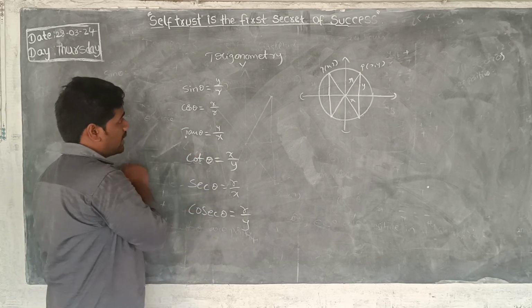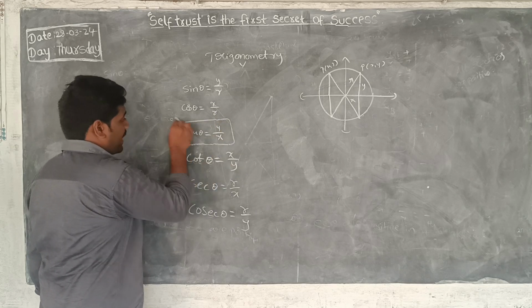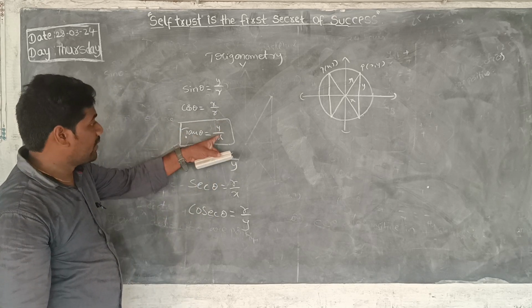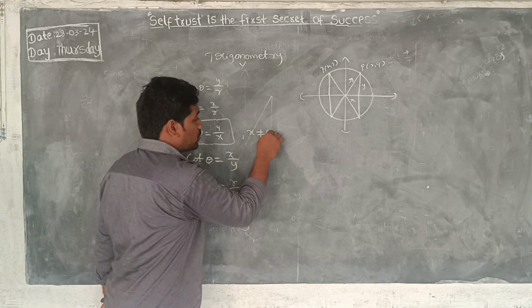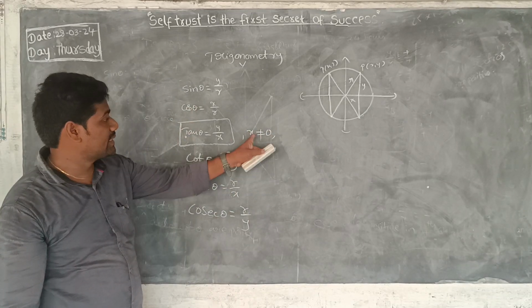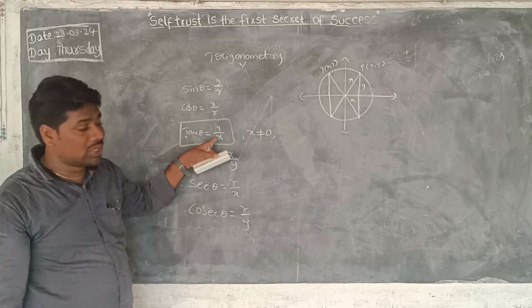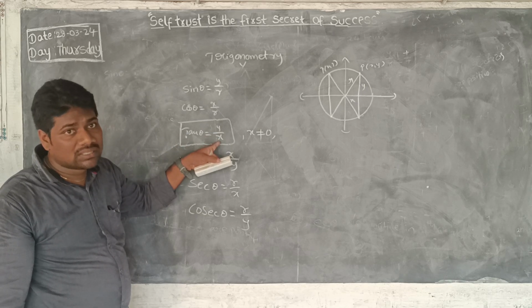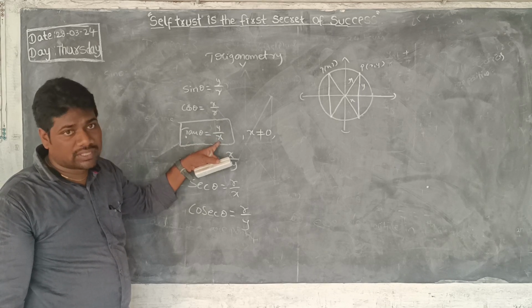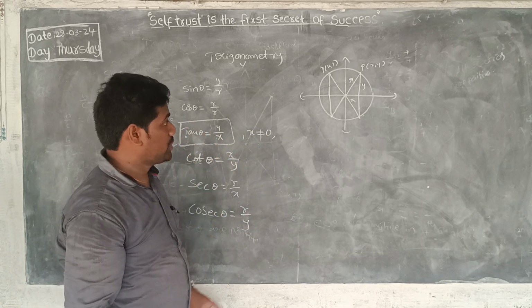If we observe, tan theta is equal to y by x, which is possible only when x is not equal to 0. If x is equal to 0, tan theta is not defined.